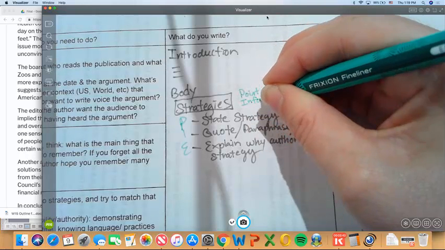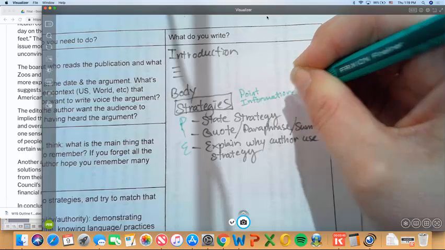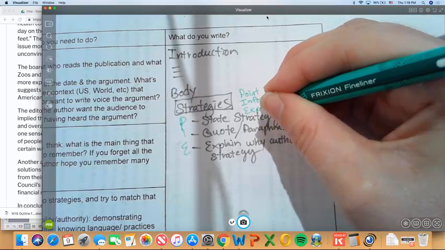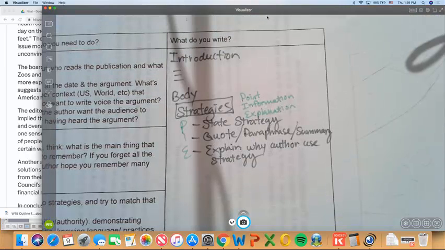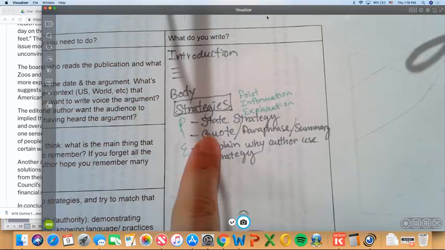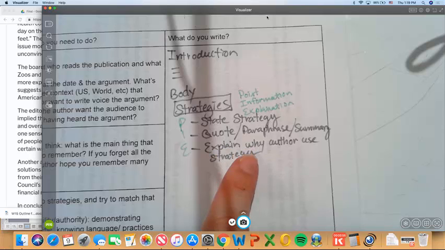That's a good idea. I think that you should be including that, thinking about why the author used that strategy. Would the audience find that particularly convincing? Especially if you're thinking about a nationally distributed article, they're going to use national examples.